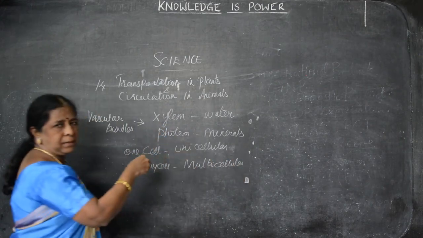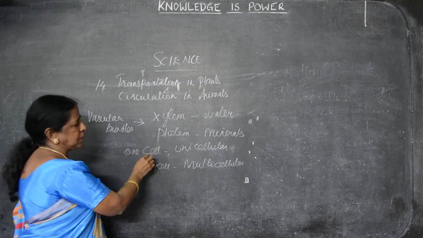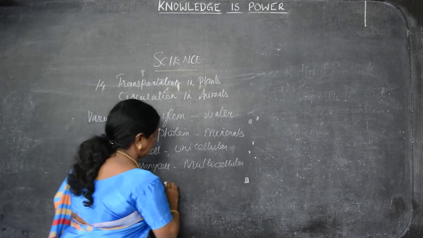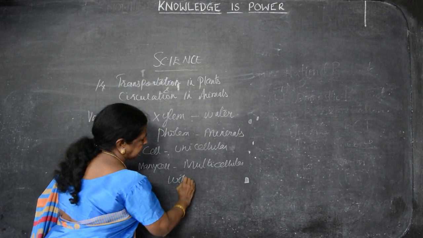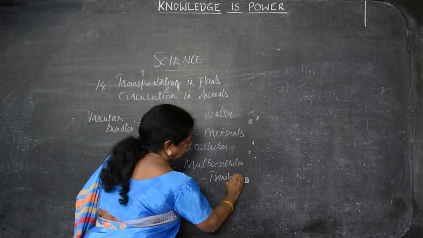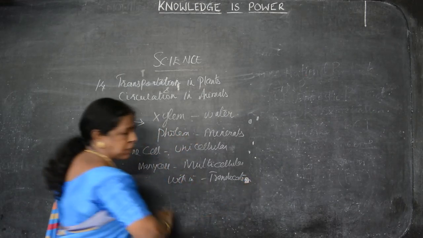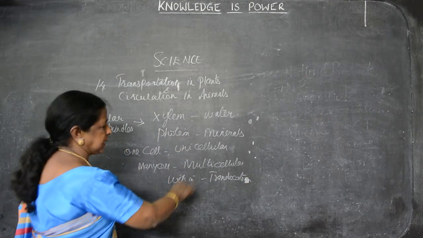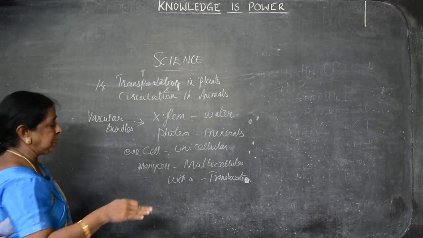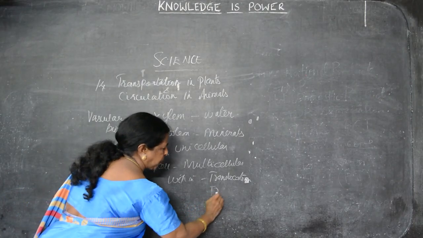Within the cell, the food materials are circulated, and that is known as translocation. For example, the minerals are transported within cell A, that is translocation. In the same plant, from cell A it goes to cell B, that is known as what? Transportation.